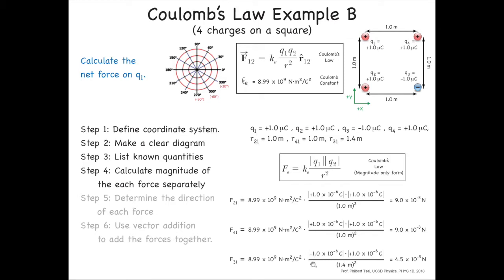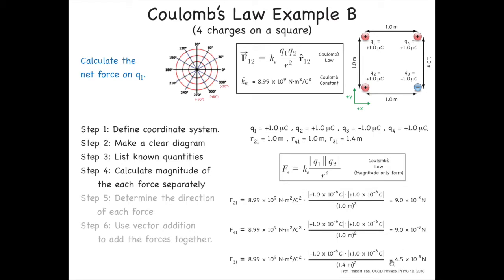So now we have charge Q3 equal to minus 1 times 10 to the minus 6, and Q1 is plus 1 times 10 to the minus 6, right? We put in those two charges, and the separation between them, this R31, is 1.4 meters. Right? So we plug in those numbers and we get 4.5 times 10 to the minus 3.